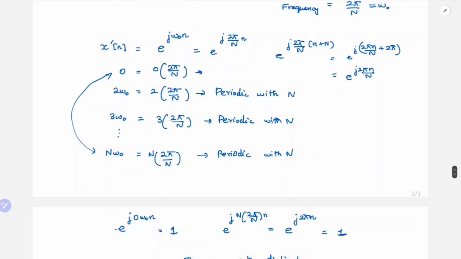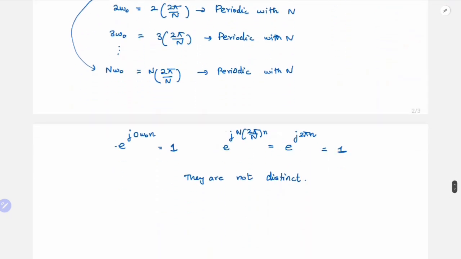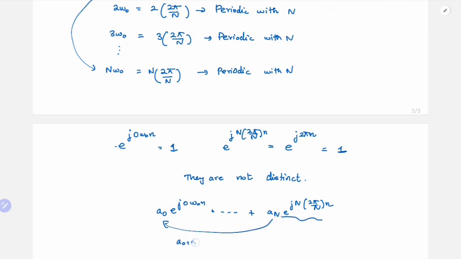So it is not required to have both a0 e power j 0 omega naught n plus some terms plus aN e power j N into 2 pi over N into n. This is not necessary, right? Because everything can be combined and written as a0 plus aN e power j 0 omega naught n.